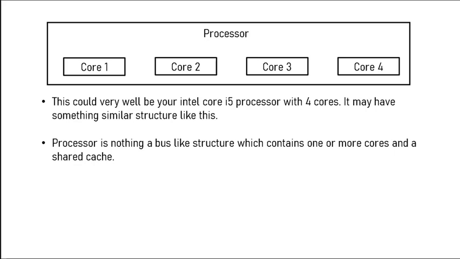All modern day computers and processors may have a structure similar to this. This is a chipset. Over the chipset you could have multiple cores aligned, maybe in this fashion or any other, but the overall architecture remains the same. So what is the core then?